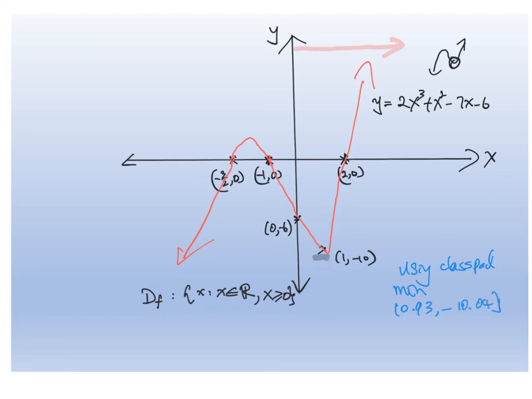So therefore, in this case the range of f of x will be, f of x such that f of x is an element of the real numbers and f of x is greater than or equal to minus 10.04.